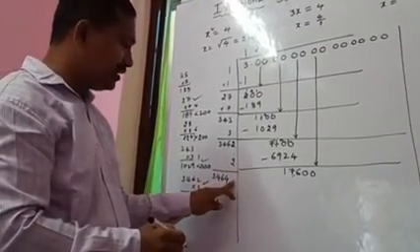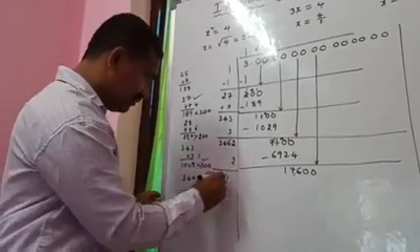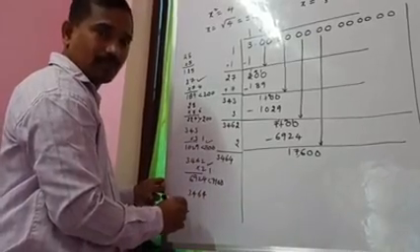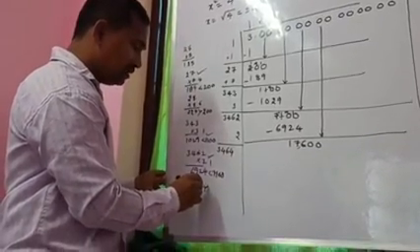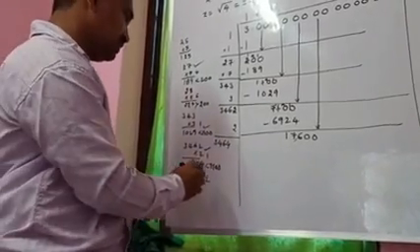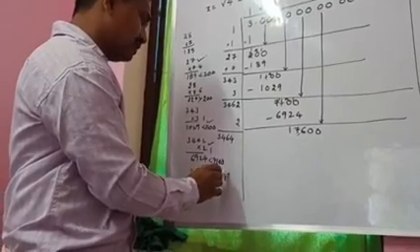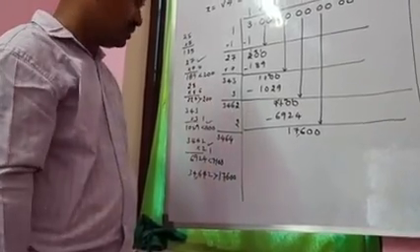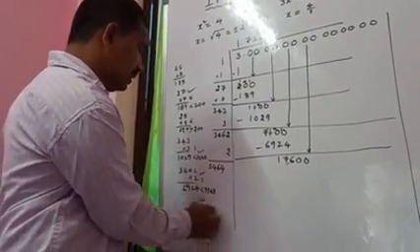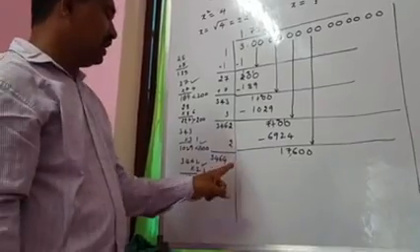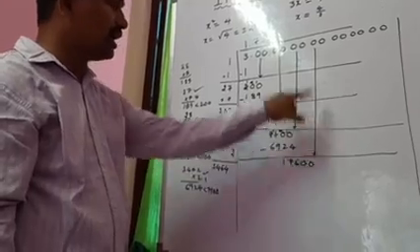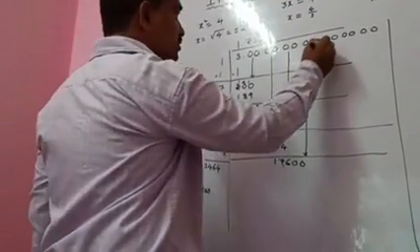If I write 3464 and then any number 2, that becomes 34,000, which is greater than 17,600. So in this case, if you take any digit here, it exceeds 17,600, so again carry these 2 zeros.